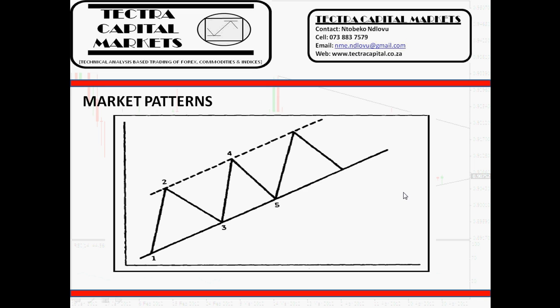This is another pattern that appears quite frequently in the markets. Not only is it an uptrend, but you notice that when prices move in the upward direction, at the bottom it is supported by a trend line, and on top it is being resisted by a line which is parallel to the line at the bottom. Basically these two lines form a channel.